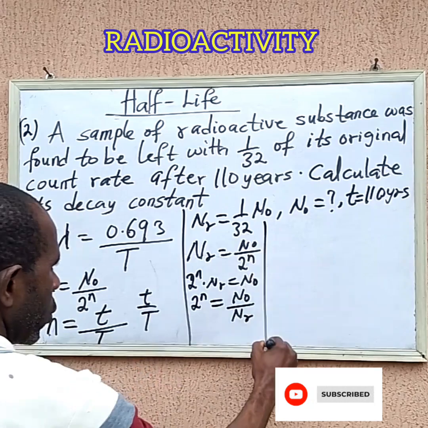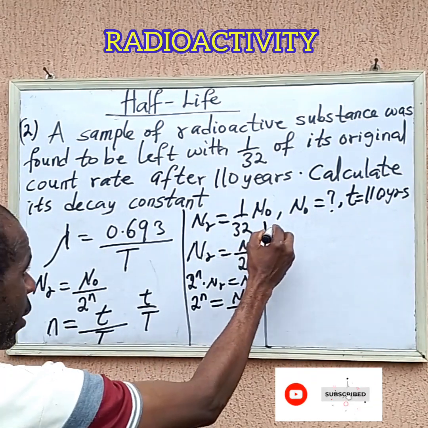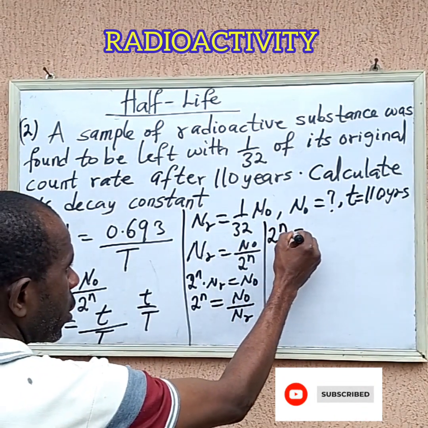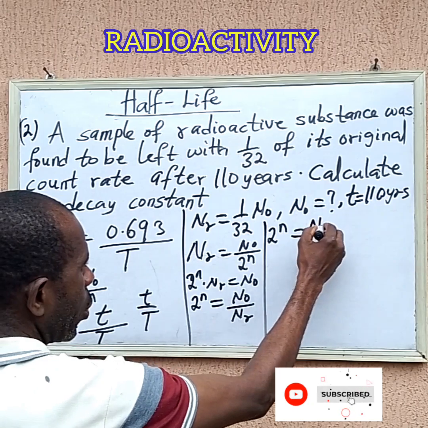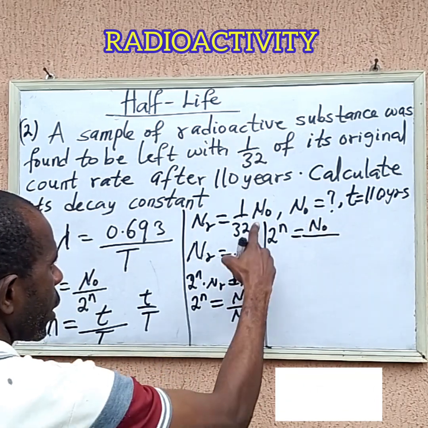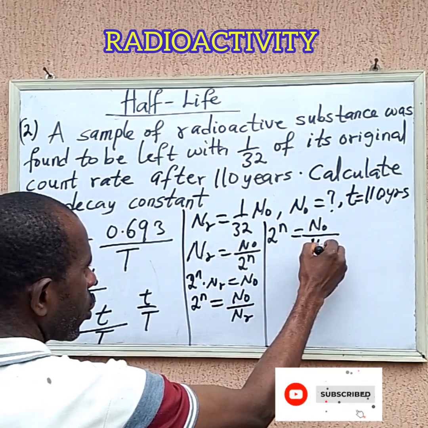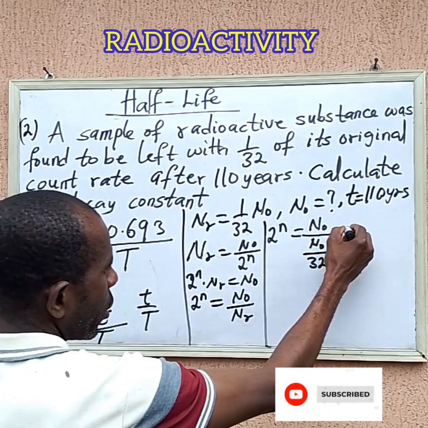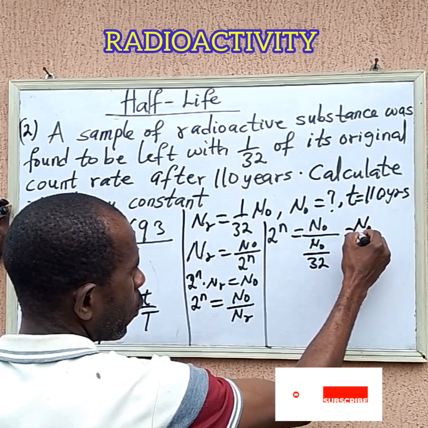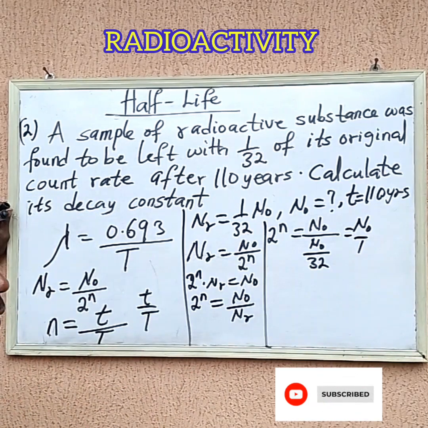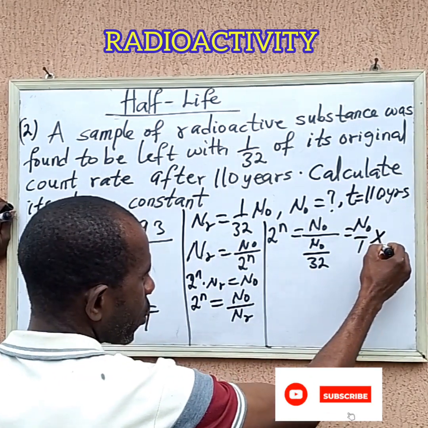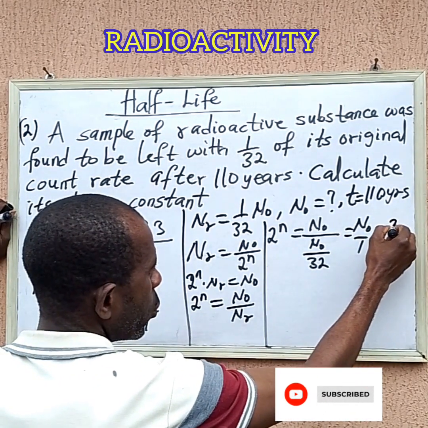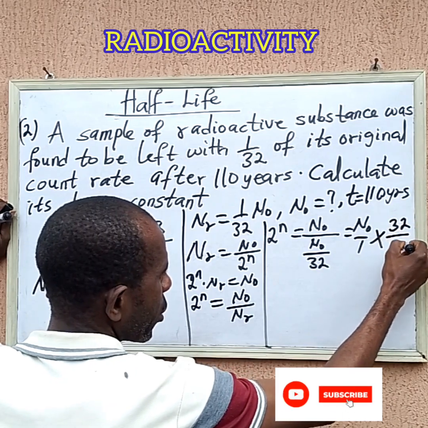If we plug that into that expression, we're going to have 2 raised to power n equal to N naught all over N naught over 32. That is the same thing as N naught over 1 times 32 all over N naught.